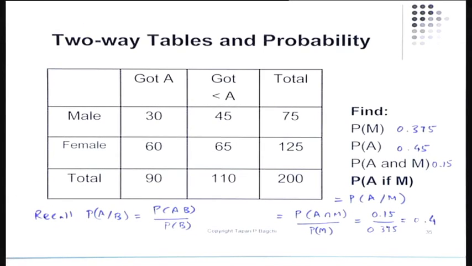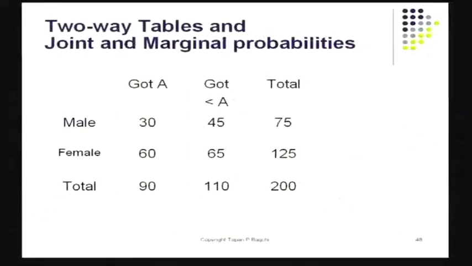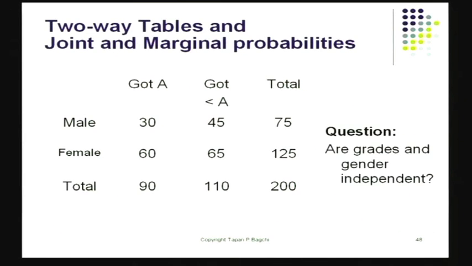Let's go now to the next question. What is the next question? Let's try to get the question now. The question is this: are gender and grades independent? What is the test for independence? Recall, the test of independence is P(A given B) is the same as P(A), or P(B given A) is equal to P(B).